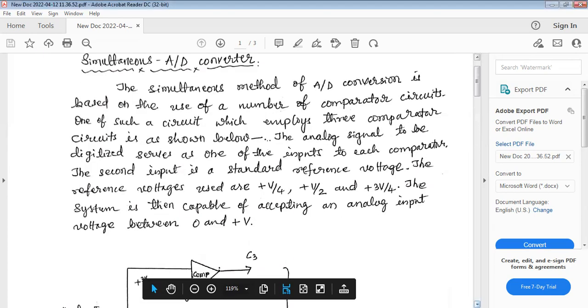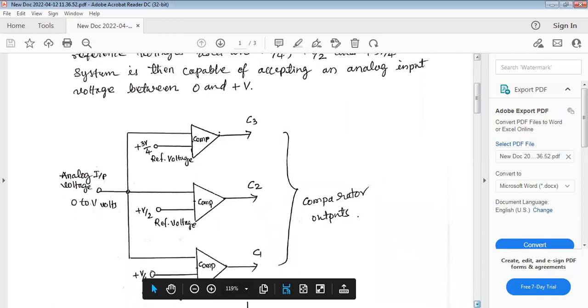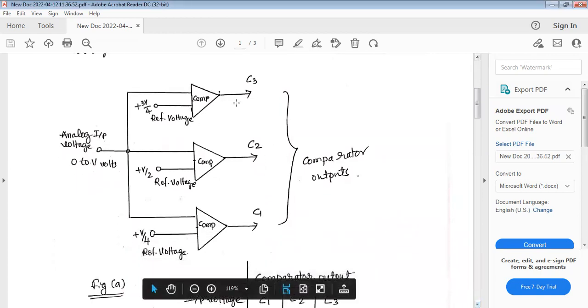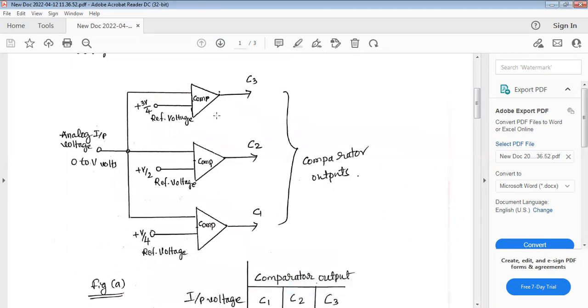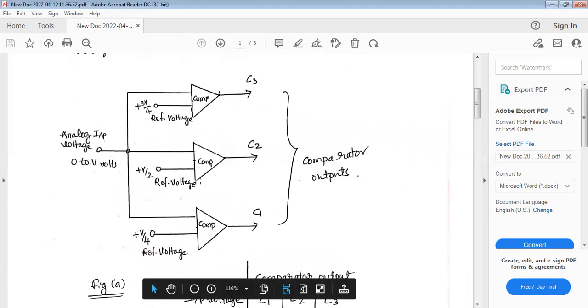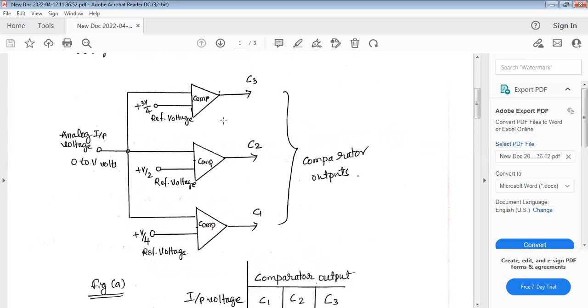So here is one such circuit, a circuit which employs the comparators for the conversion process. And this is actually the half of the actual converter circuit. The full block diagram of this converter circuit I will show you later.